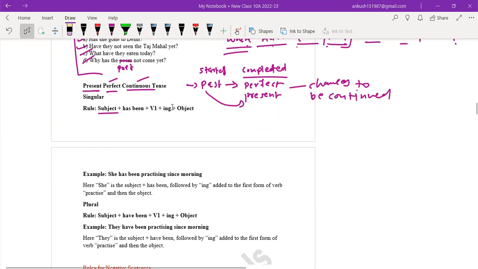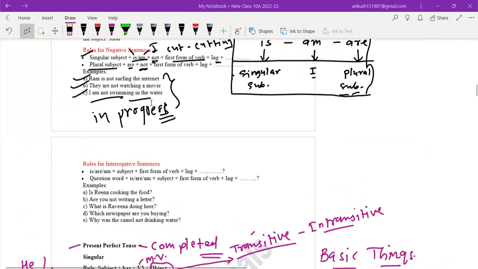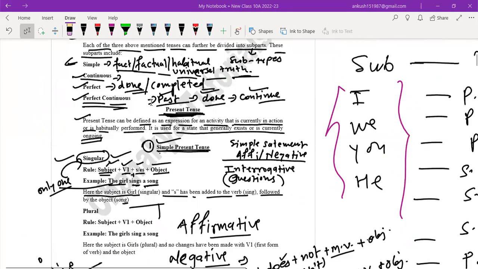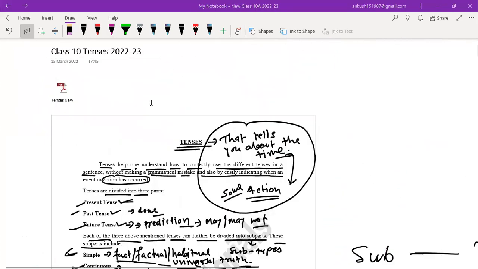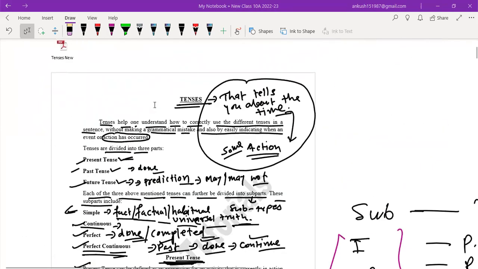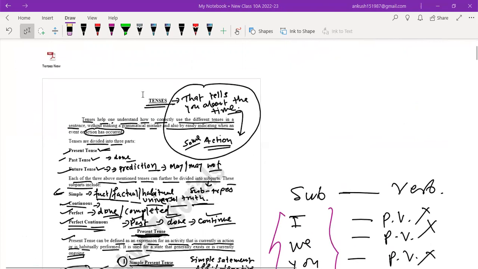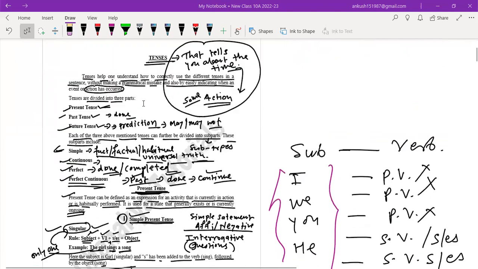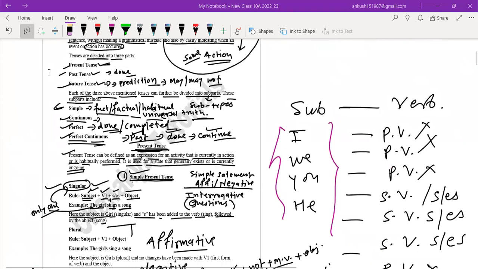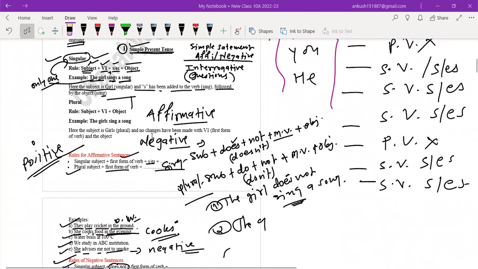Definitely, I would be repeating all the things which you have missed till now, but as a rapid recap, I would like to tell you that this is our second class. Don't worry. We have started with the tenses. In tenses there are three types, and those have some subtypes as well.